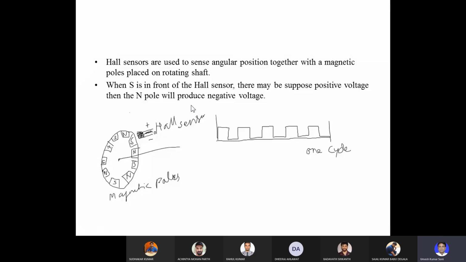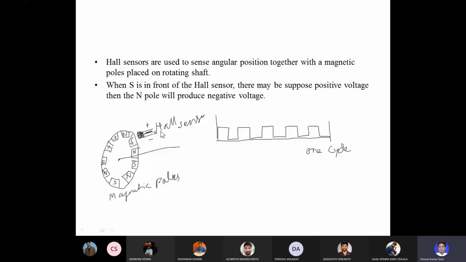You have seen that there is a BLDC motor, and there are 3 Hall sensor cables in the motor. So they are placed at 180 degrees, and whatever the position of the rotor N and S pole, the Hall sensors provide the signal about the position of the rotor based on the N and S poles.